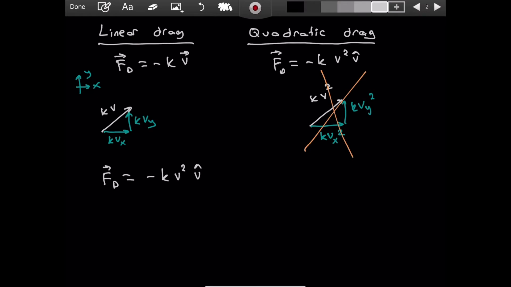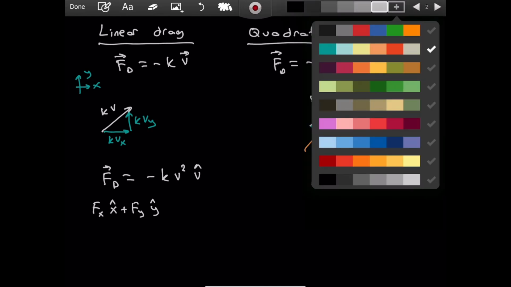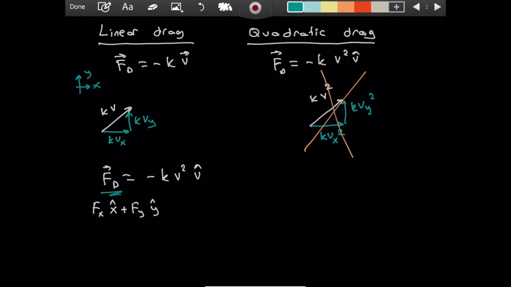So we can separate it into its components. This will be fx in the x hat direction plus fy in the y hat direction. This is exactly the force of drag. We separated it into its components. We did not change anything.